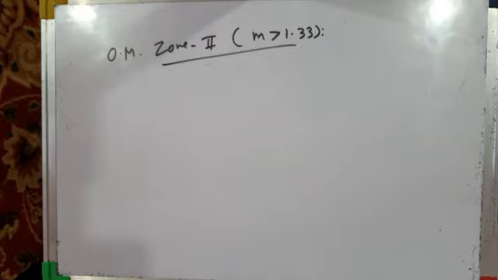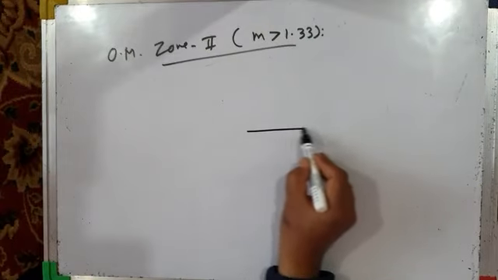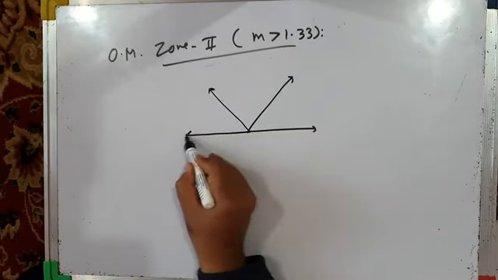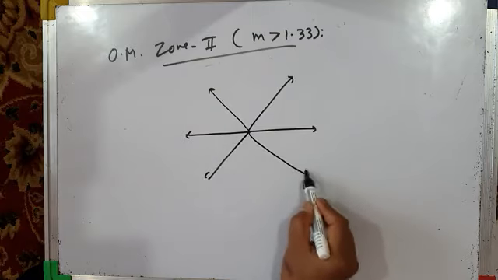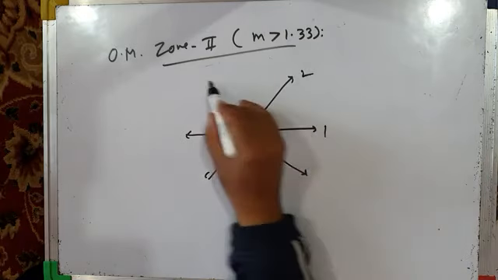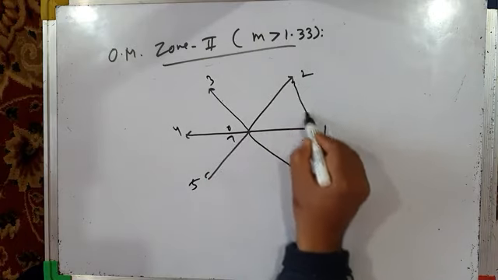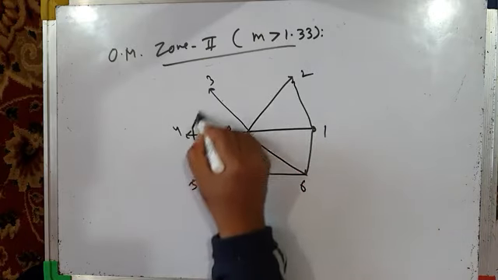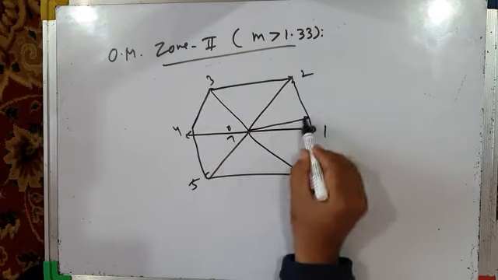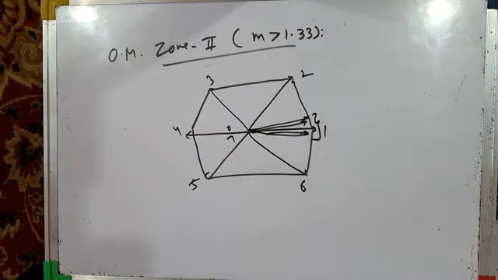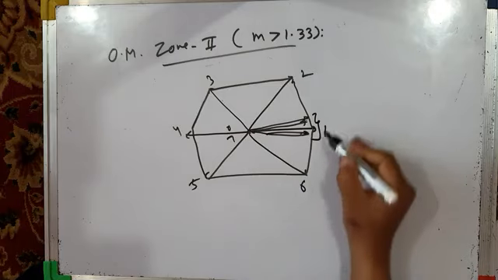And in overmodulation zone 2, something like this. 1, 2, 3. These are active vectors and these are null vectors. As far as these vectors around V1 are concerned, they are merged into V1.